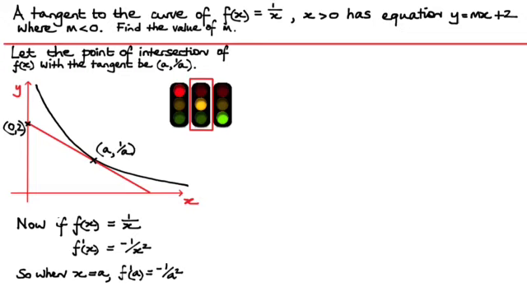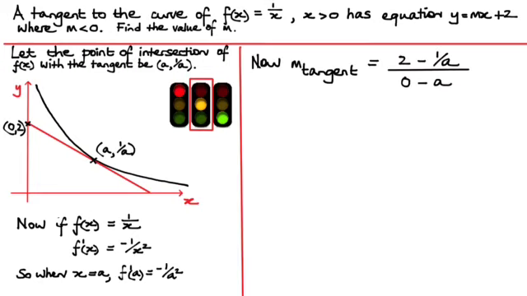Now, armed with that information, all we've got to do is make the connection of the gradient of the curve with the gradient of the tangent. And we can do that using this point here and this point here, using y2 minus y1 over x2 minus x1 equals m, the gradient of the line, which is the same as the gradient of this curve.